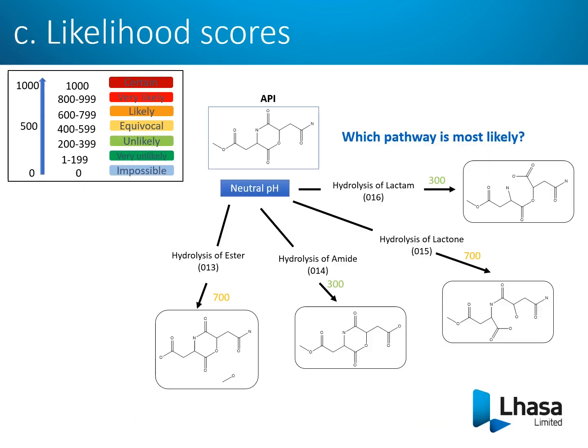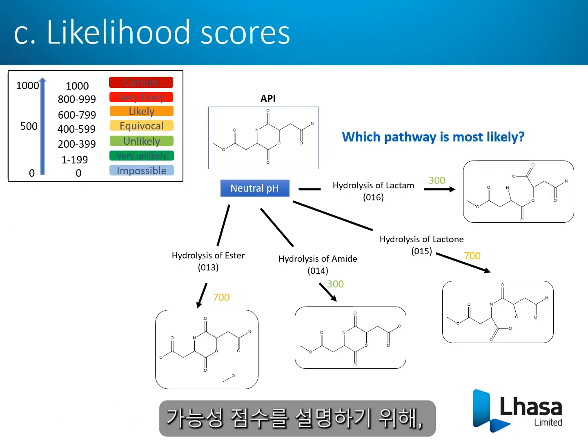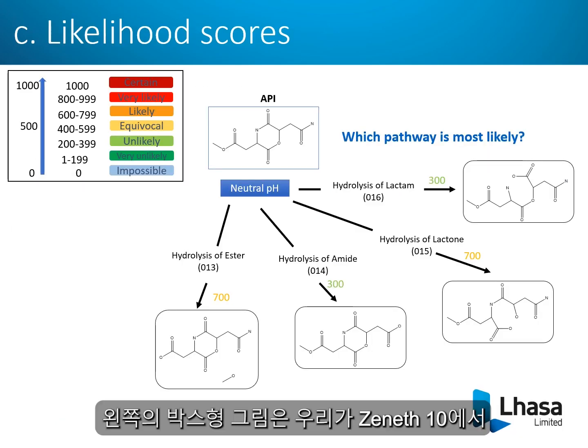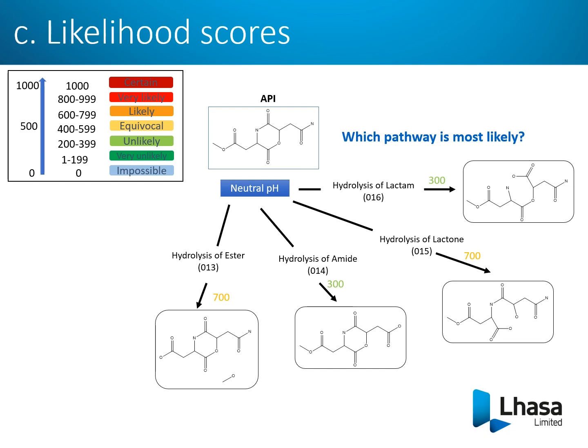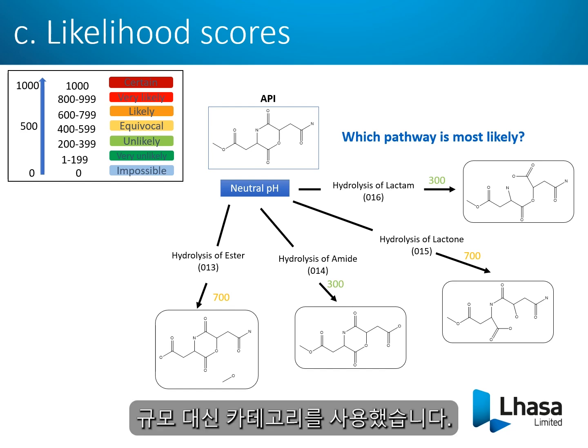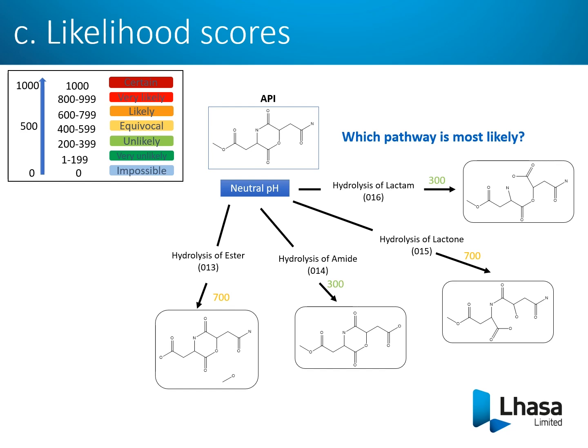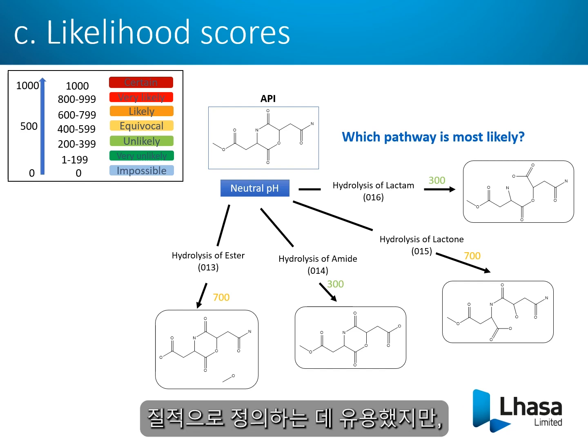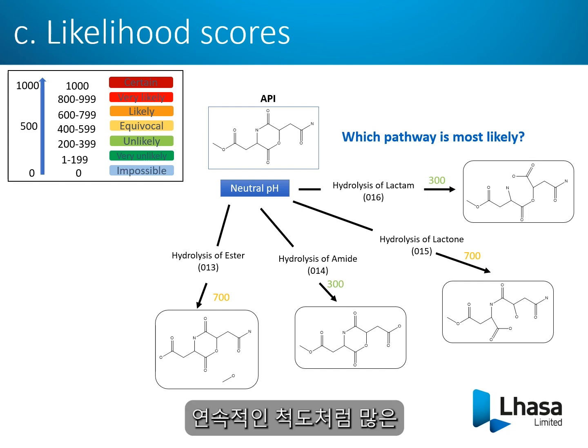To illustrate likelihood scores, the boxed figure on the left shows the likelihood scale we use in Zeneth 10. In older versions of the software, we used categories instead of scale. Whilst these categories were useful to qualitatively define levels of how likely we thought a given reaction would be, they did not allow for much granularity like a continuous scale does.